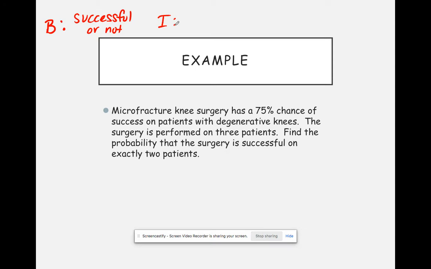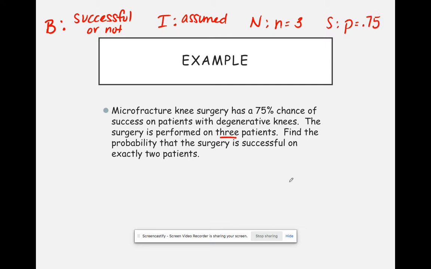We can assume that the success is independent. We have a fixed number of patients here. It says in this case that the surgery is performed on 3 patients, so N is equal to 3. And then our probability of success is 75% here, so 0.75.